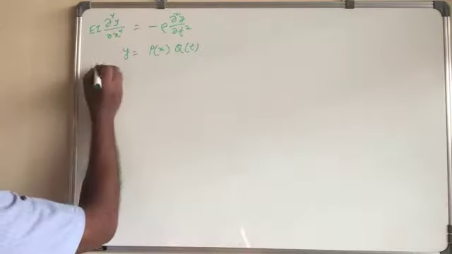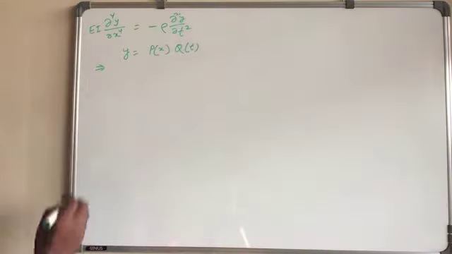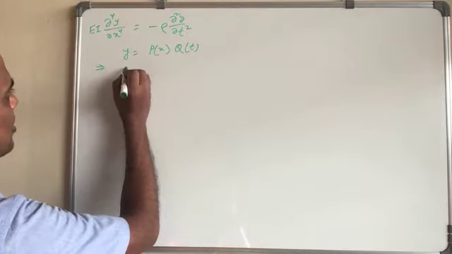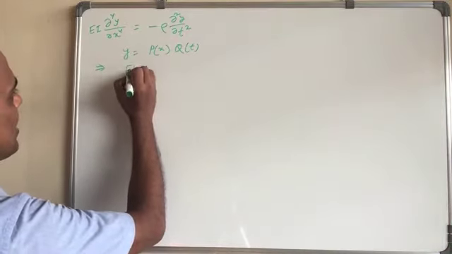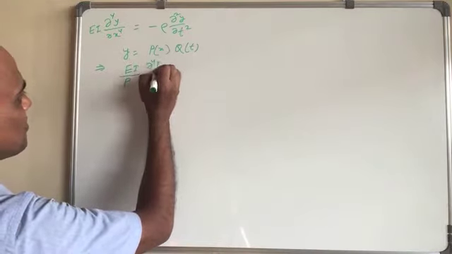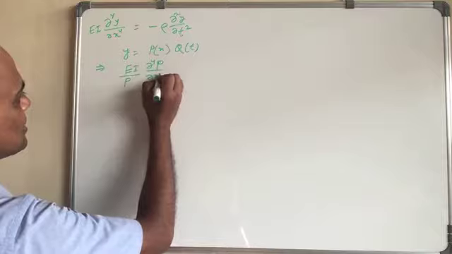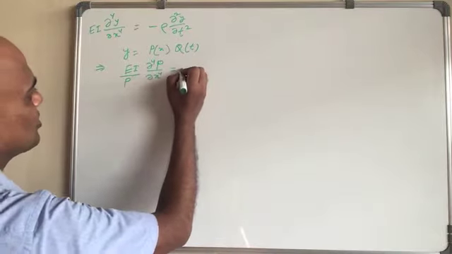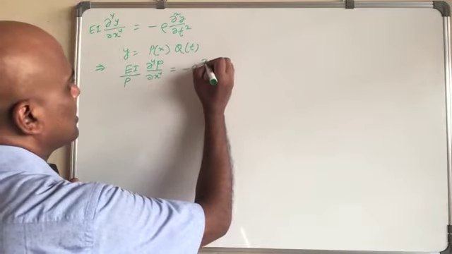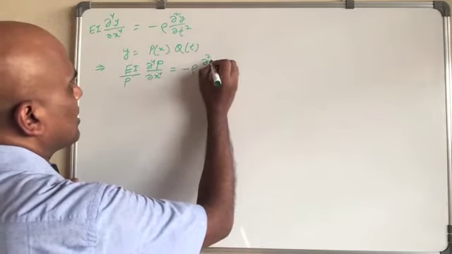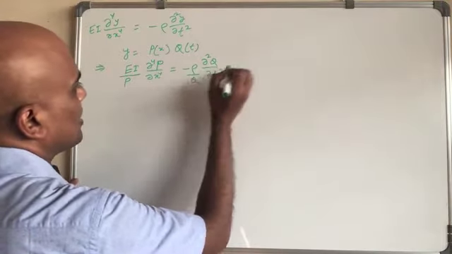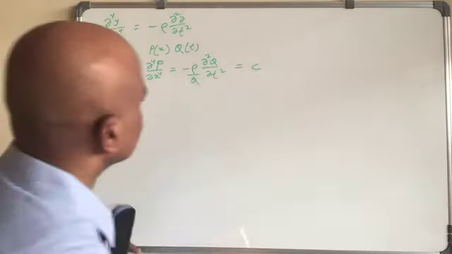Finally, with transformation, what we got was (1/p) ∂⁴p/∂x⁴ = -ρ (1/q) ∂²q/∂t², and we called this equal to c.